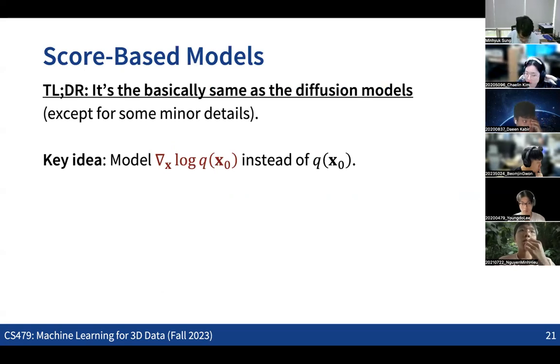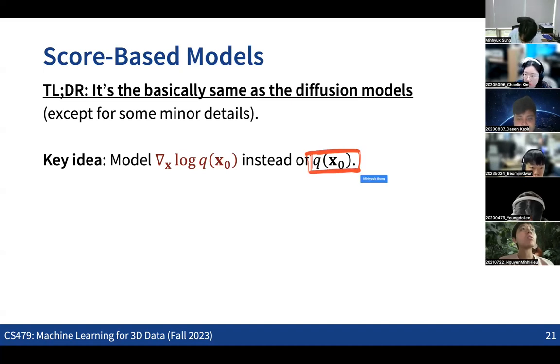In the VAE case, and also some of the previous generative model cases, the goal was to directly model the data distribution, right? This is the probability density function of how likely each data point is one of the points of the real data. So we wanted to directly model this data distribution.